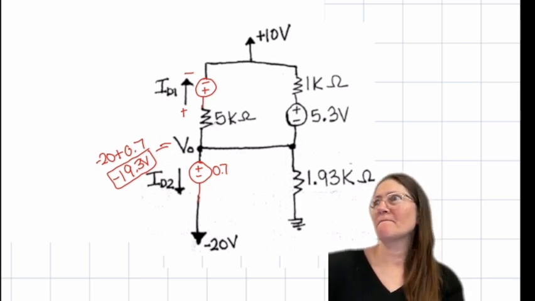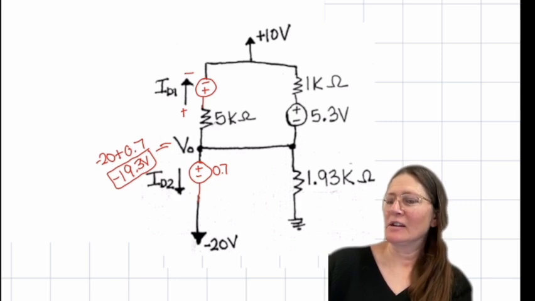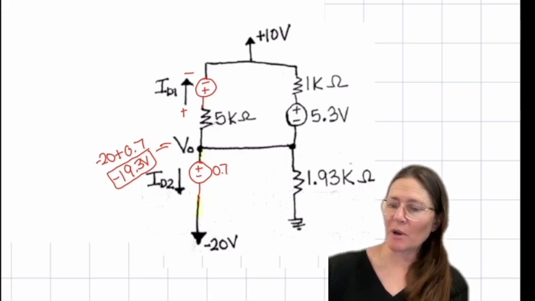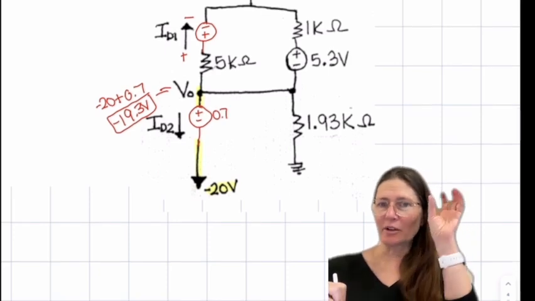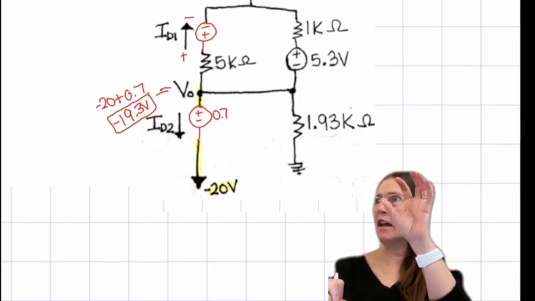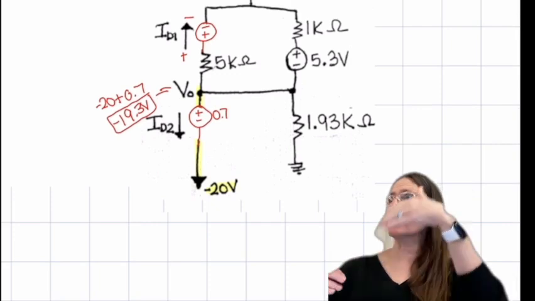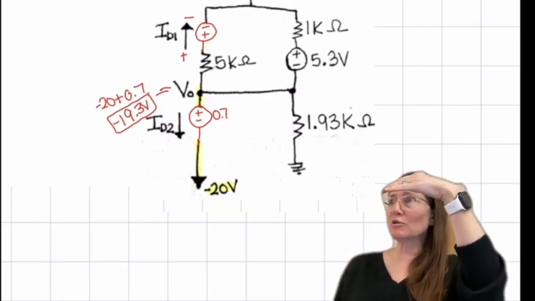Can you explain that again? So to find that voltage, it's going to be a pathway from here. Remember when you have a dot or an arrow that has a voltage on it, that is in relation to ground. So that goes from minus 20 at that point to ground.